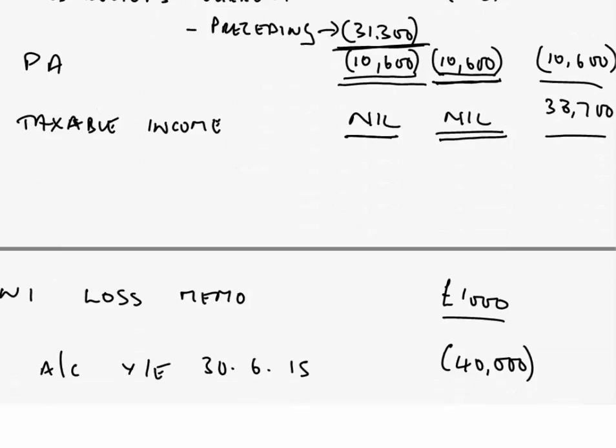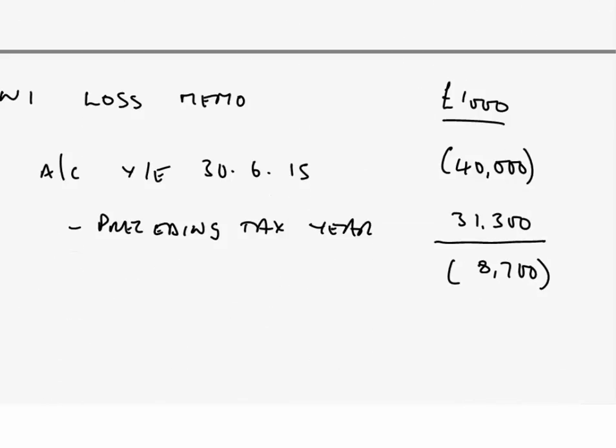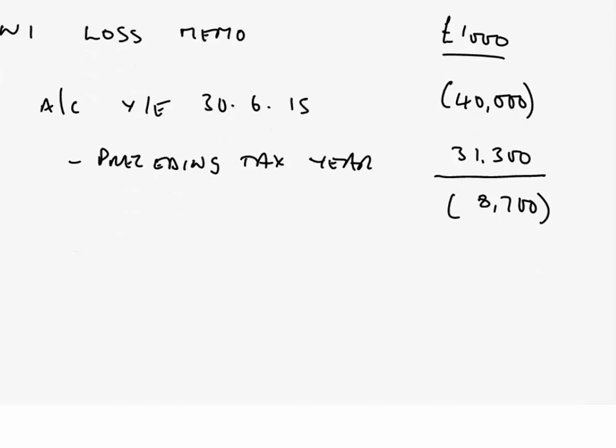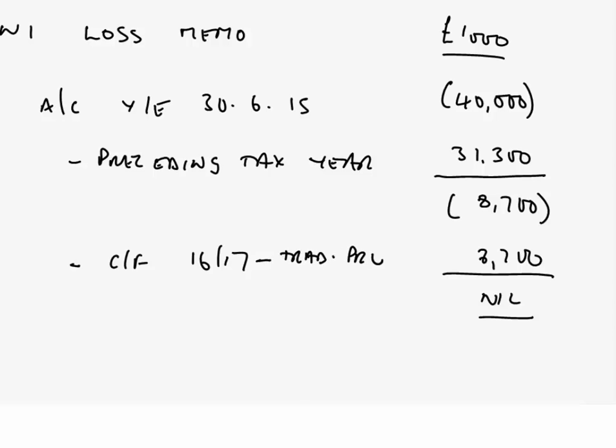On your loss memorandum, you keep a check of that. Preceding tax year, £31,300, leaving £8,700. What do we then do with that? That was carried forward to the 16-17 tax year, where all £8,700 was used, and that of course was against trading profit.